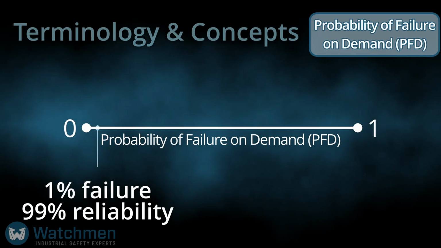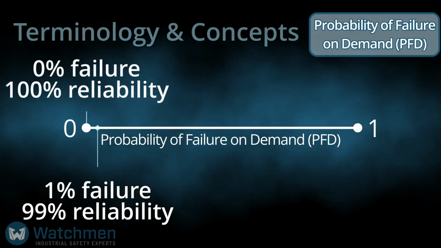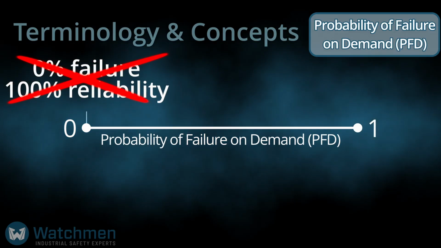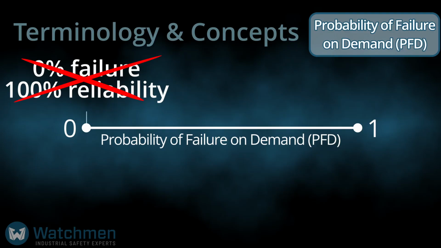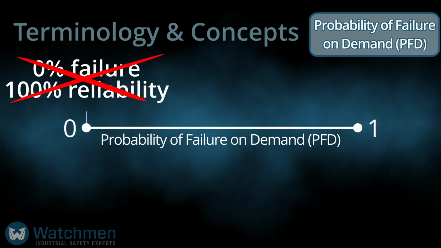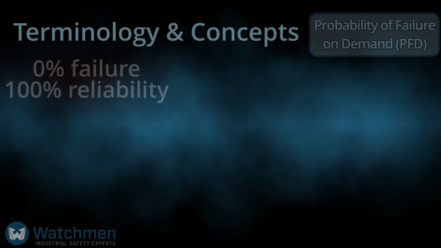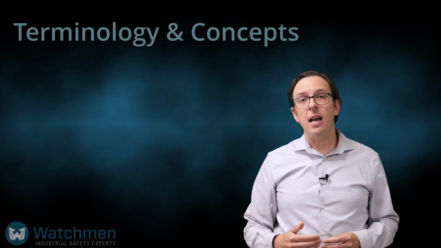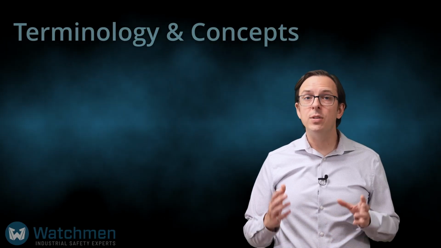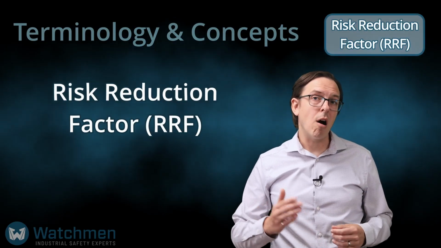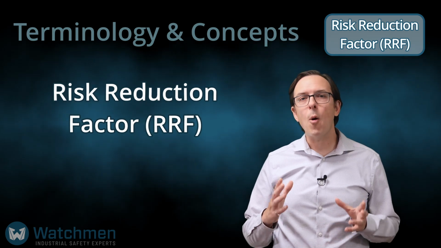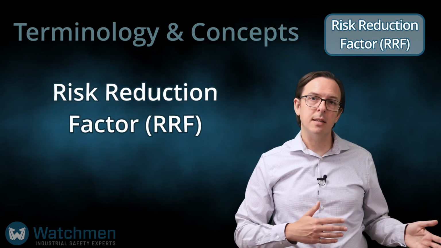A PFD of 0, that is to say perfectly reliable, is impossible, because every device and system includes some potential that it will not function correctly. The reliability of an IPL can also be represented using the risk reduction factor, or RRF, which tells us how much the IPL reduces the risk.